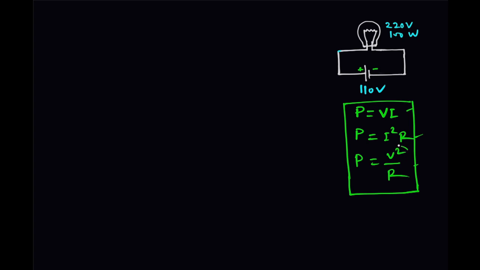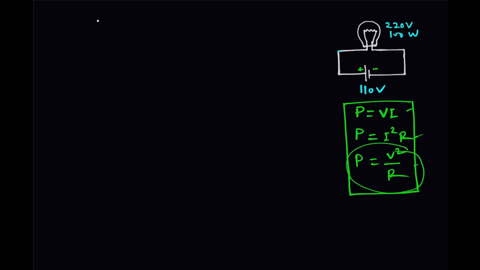So from this formula we can calculate the resistance that is hidden in this rating. Usually the manufacturers do not specify the resistance. For the common people, what they want is the power consumed by the bulb and the supply voltage, and they do not care about the resistance.